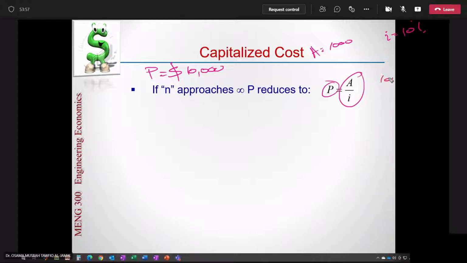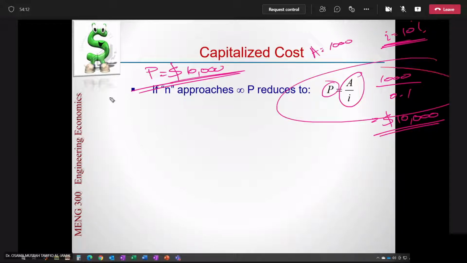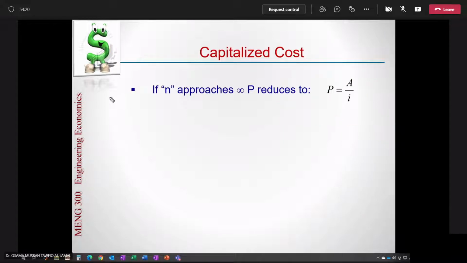Substitute here: 1,000 divided by I, which is 0.1, will give you again 10,000, which is the same as what you got from your calculator, without approximation. So this is the easiest way for forever or infinite number of periods: directly use this capitalized cost, A over I. Directly A over I.